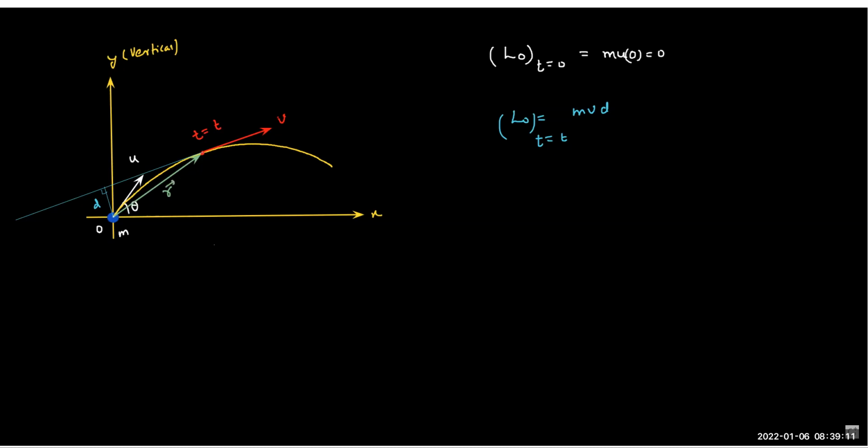The angular momentum about O we can write as m into r cross v vector. The previous one is not very useful to us because finding d is not an easy task.